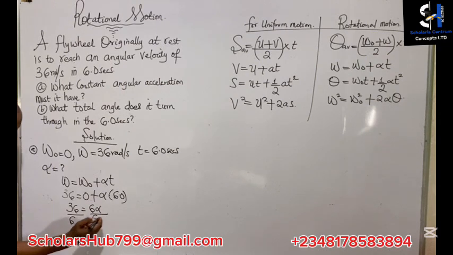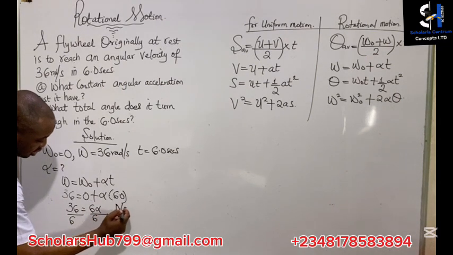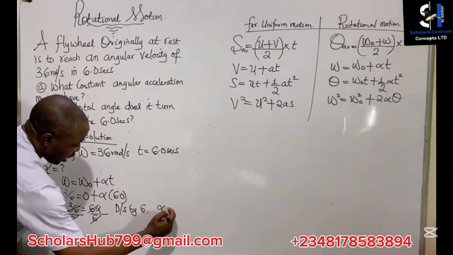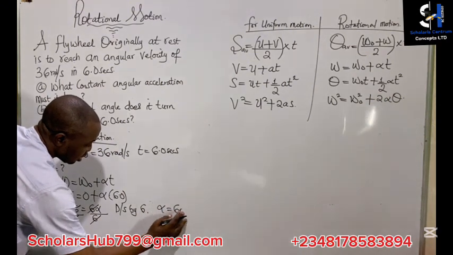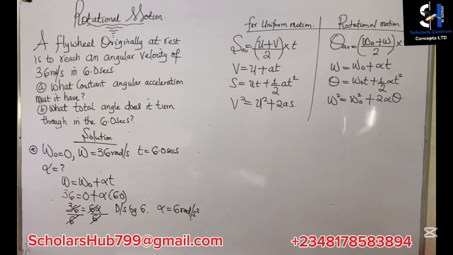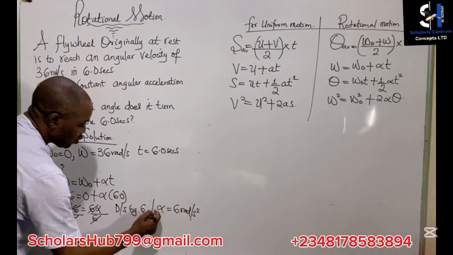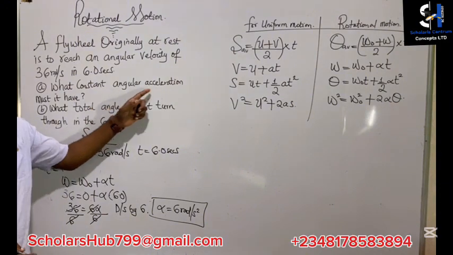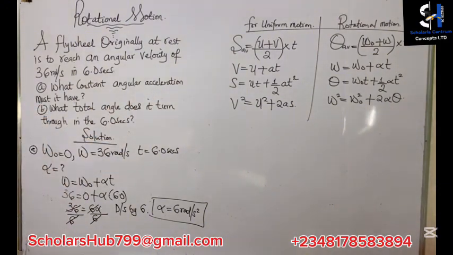Dividing both sides by 6, the angular acceleration will be 6 rad per second squared. This is the angular acceleration, because the question reads, what constant angular acceleration must it have?